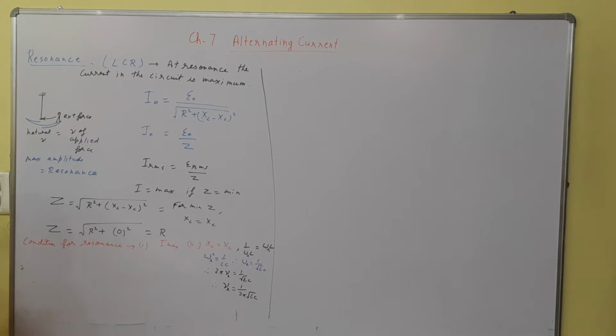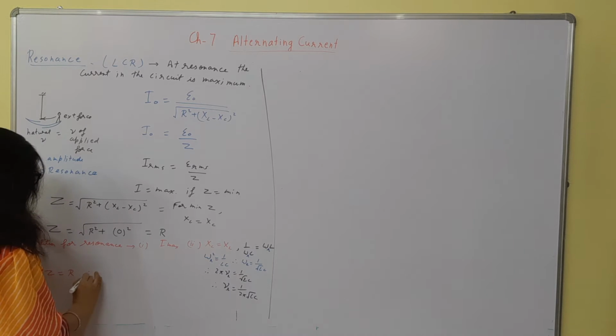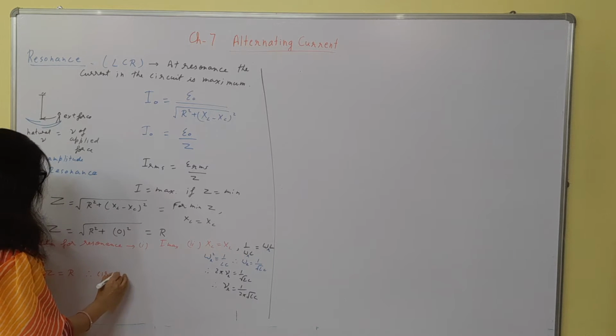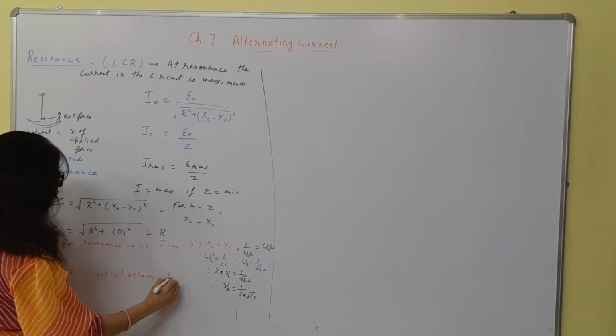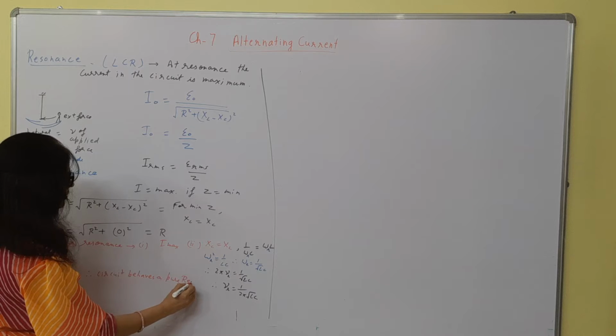Now on the basis of this discussion we can write down the third condition: how much is the impedance? Impedance is equal to R, right? So that means the circuit behaves as a pure resistor.